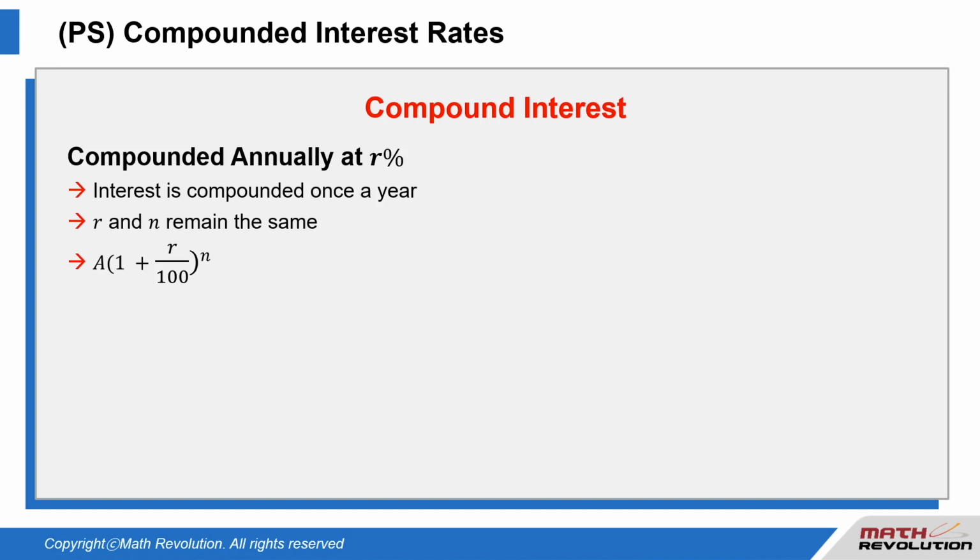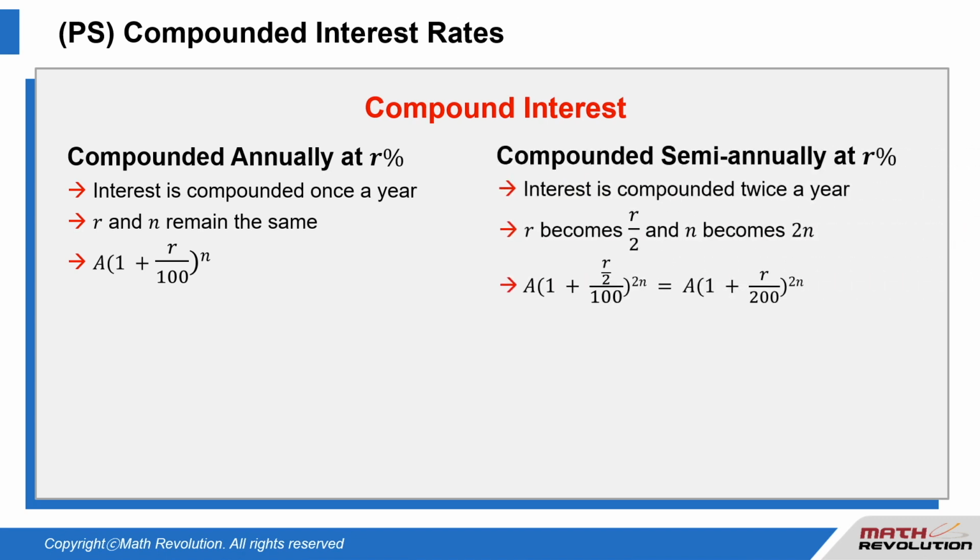Compounded annually at R%. This means that the interest is compounded once a year, so R and N will remain the same, and the formula will be A times the whole 1 plus R over 100 to the power of N. Compounded semi-annually at R%.